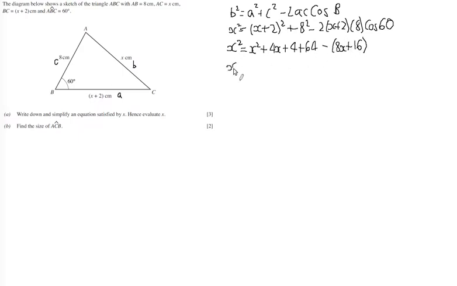So we're going to get x squared equal to, x squared can remain for the time being, 4x take away 8x is minus 4x, and 68 take away 16 will give me 52. So that'll be plus 52.